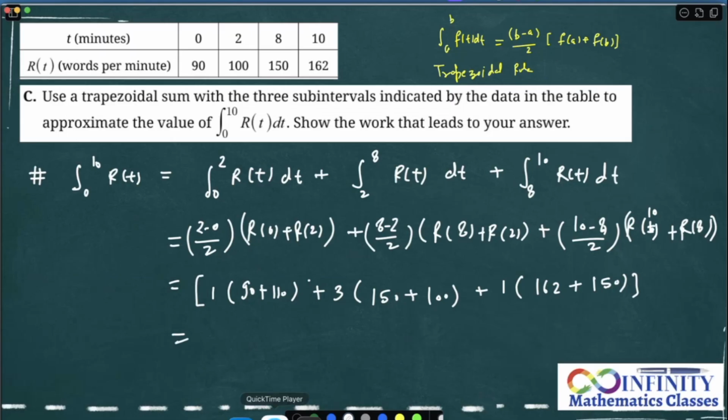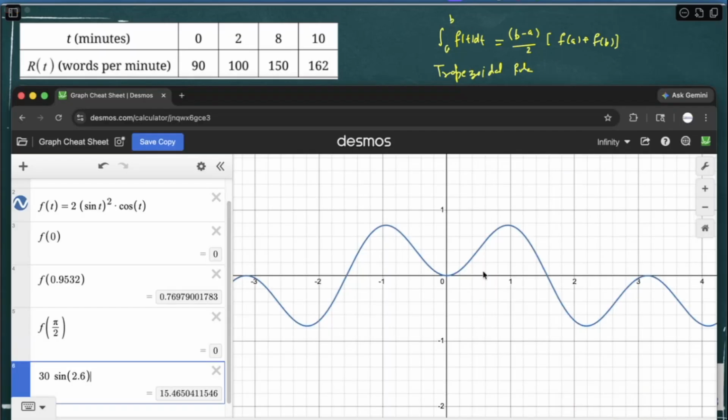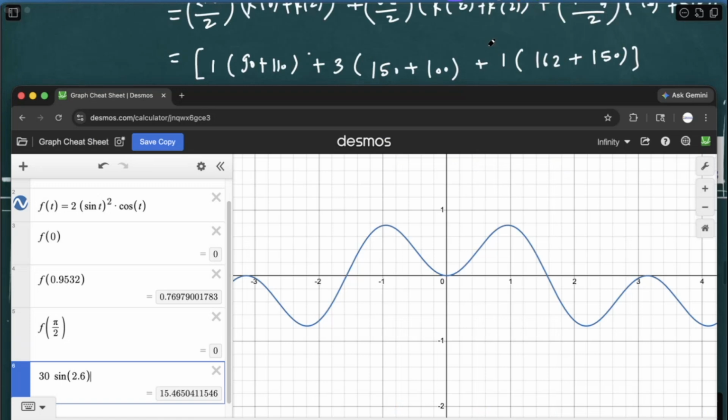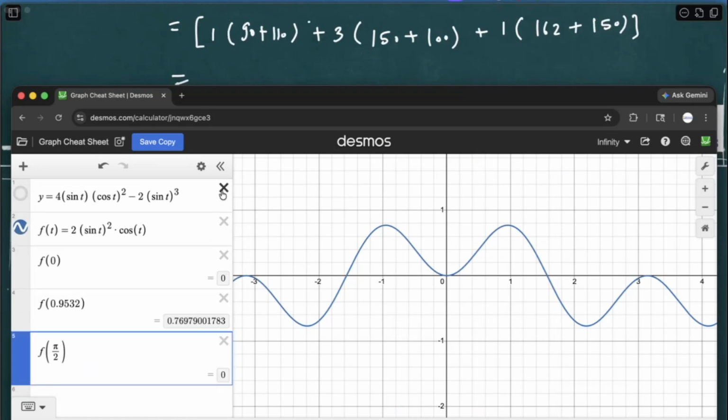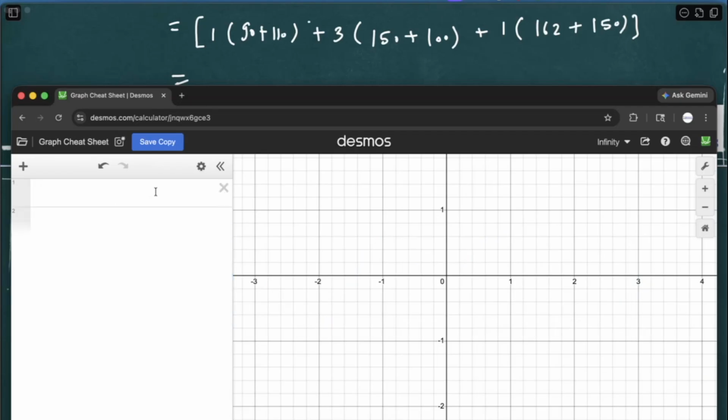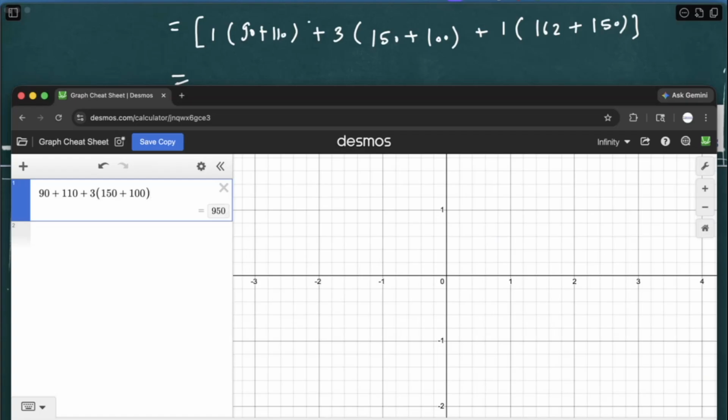Let us use Desmos again to calculate all these values. Give me a second, please. Let me erase unnecessary things. So it is 90 plus 100 plus 3 times 150 plus 100 plus 162 plus 150.